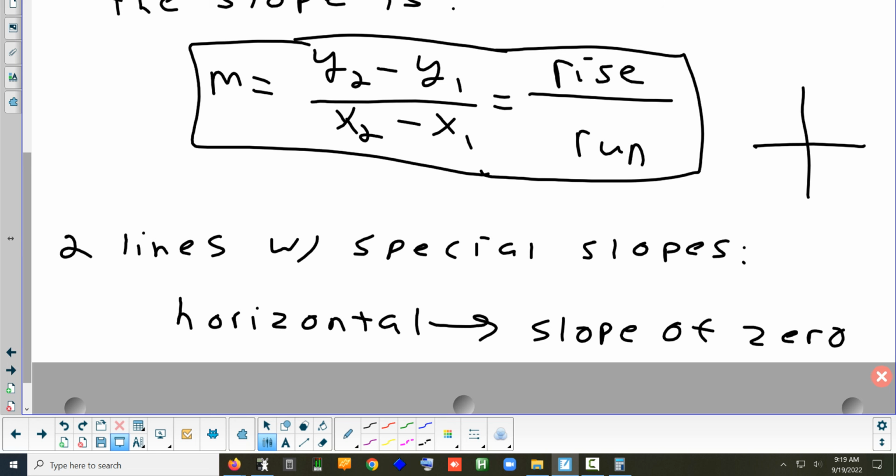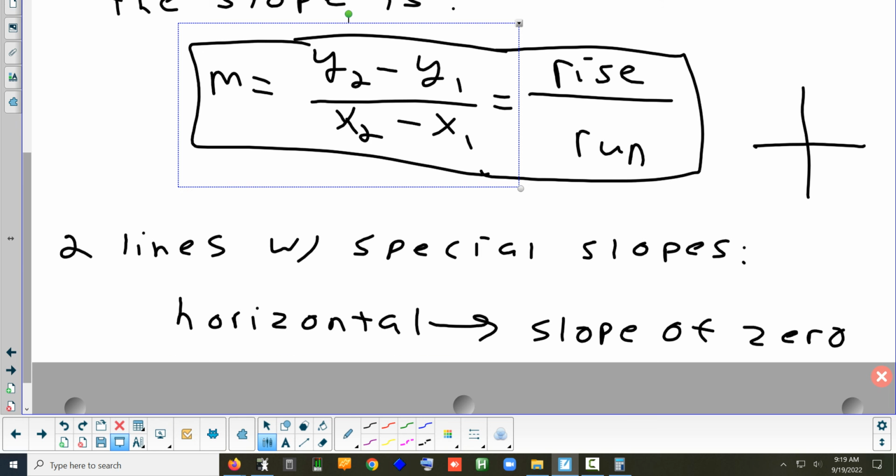For a vertical line, it's a little different. A vertical line has two coordinates with the same x value. So when you're trying to find the slope of a vertical line, you could end up with something like 5 minus 5 in the bottom. But that's no good. Does anybody remember what happens when you try to find the slope of a vertical line? Yeah? 0.